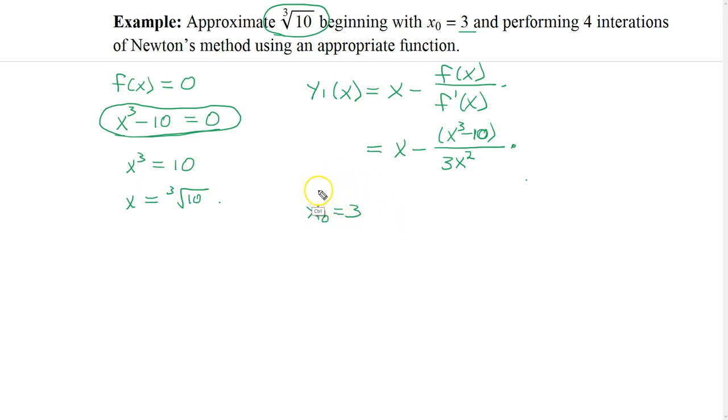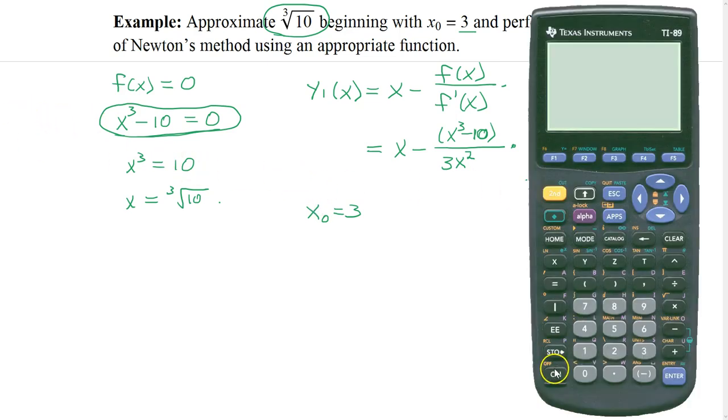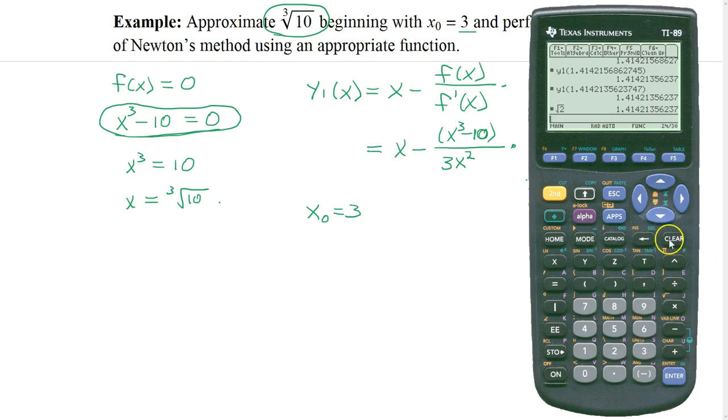So let's get out our calculator. And in the Y1 register, we want to enter x minus x cubed minus 10 divided by 3x squared.